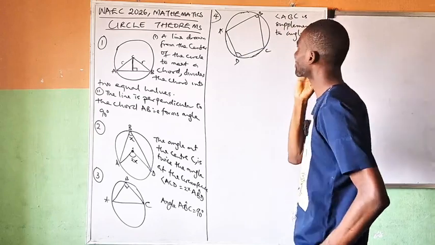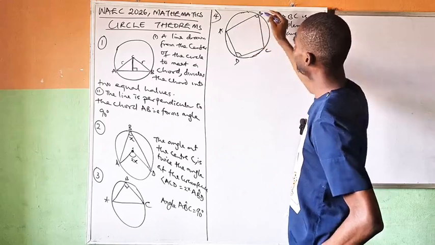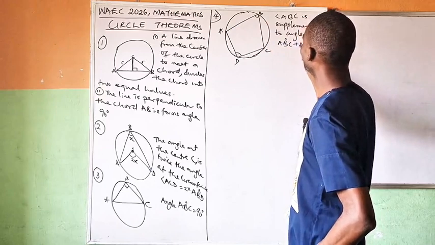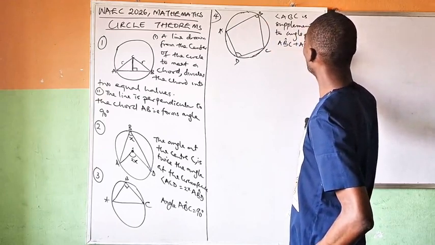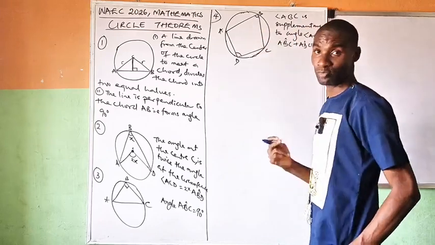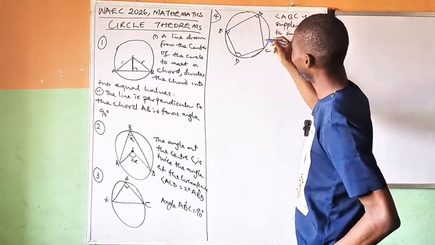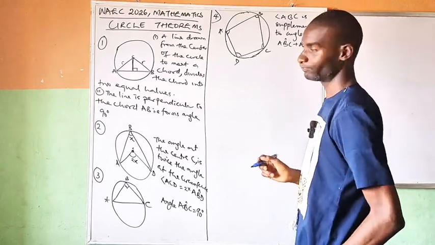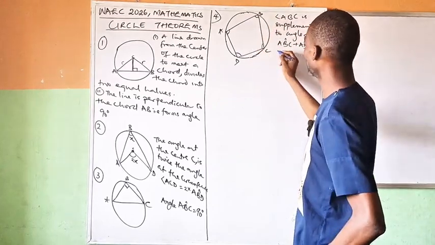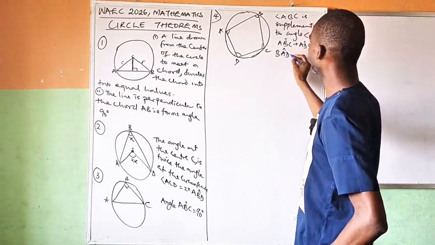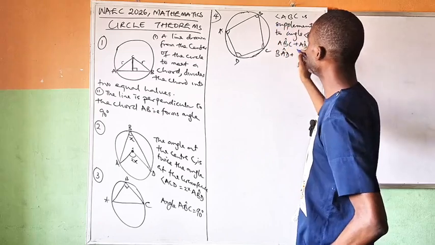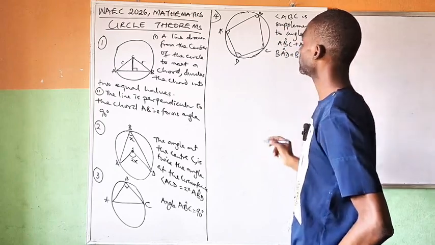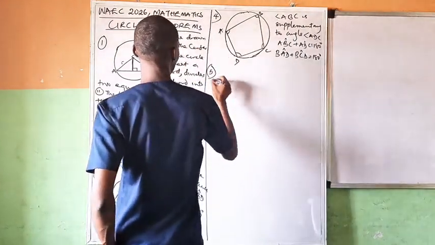It means my angle ABC plus my ADC is equal to 180 degrees. So if I add the two together, it will be 180 degrees. So angle BAD plus angle BCD is 180 degrees.